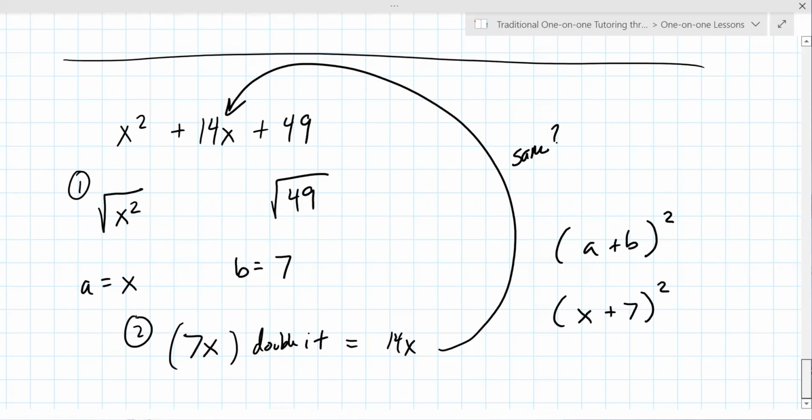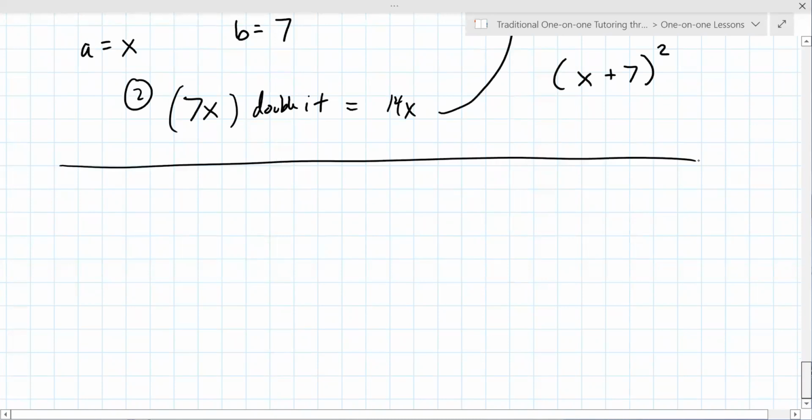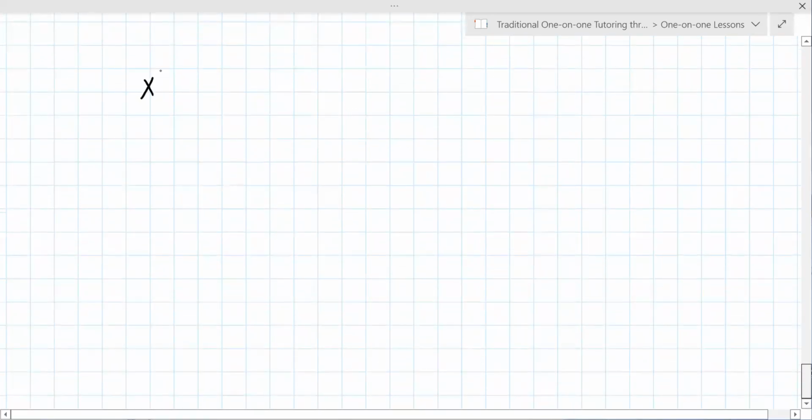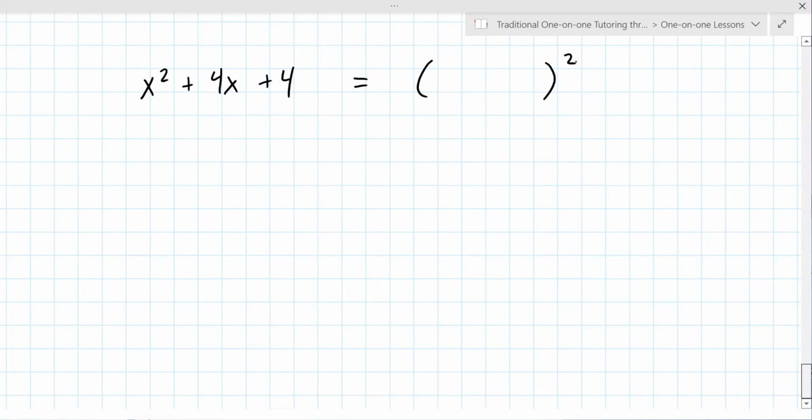Got it. All right, so here's your problem here. x squared plus 4x plus 4. I want to know what it is squared. That's what I'm looking for. x, no, 4x.